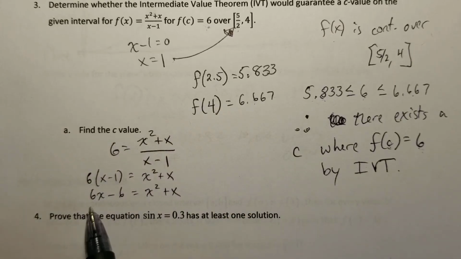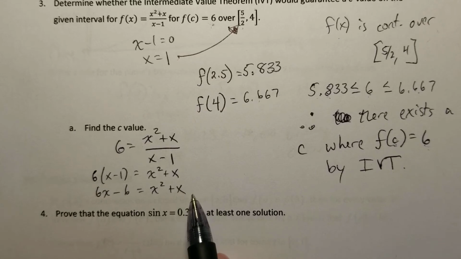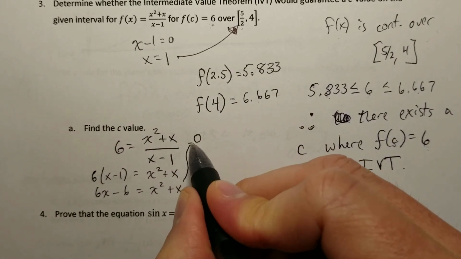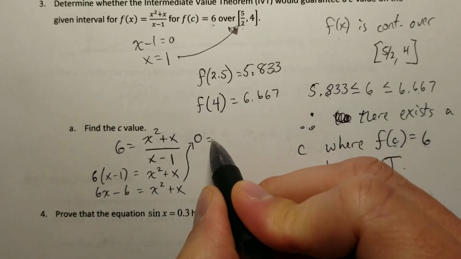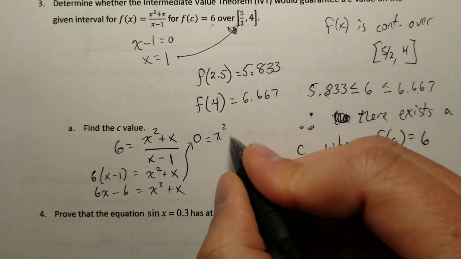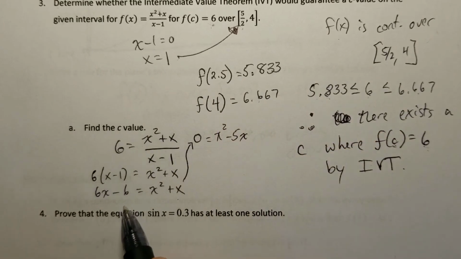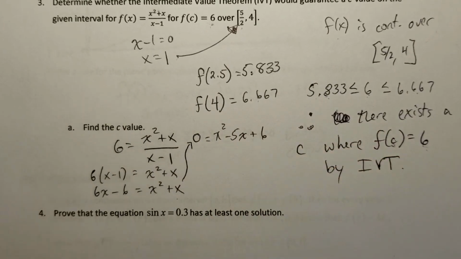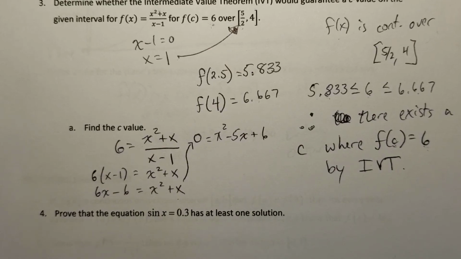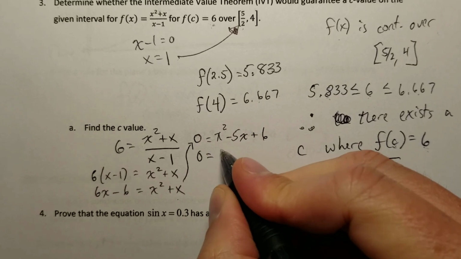All right, I'm going to subtract 6x and add 6 in one fell swoop here. So I'm going to say that 0 equals x squared. x minus 6x will be minus 5x, and adding 6 will be plus 6. Now we want to factor.